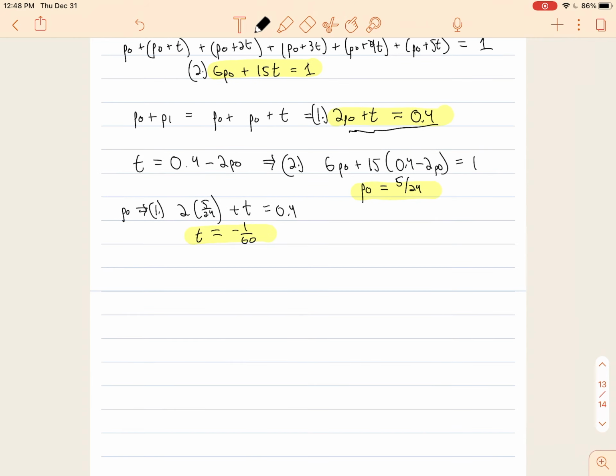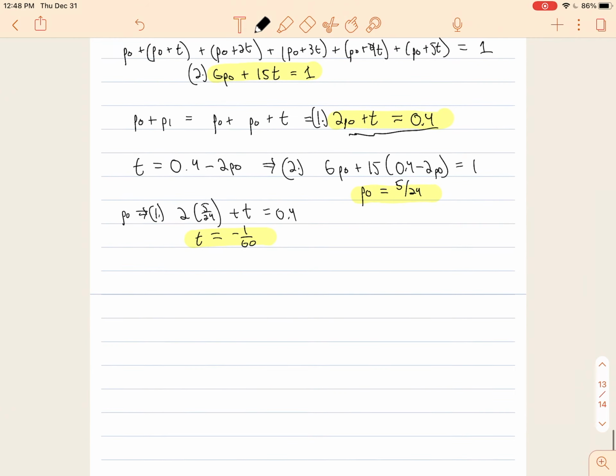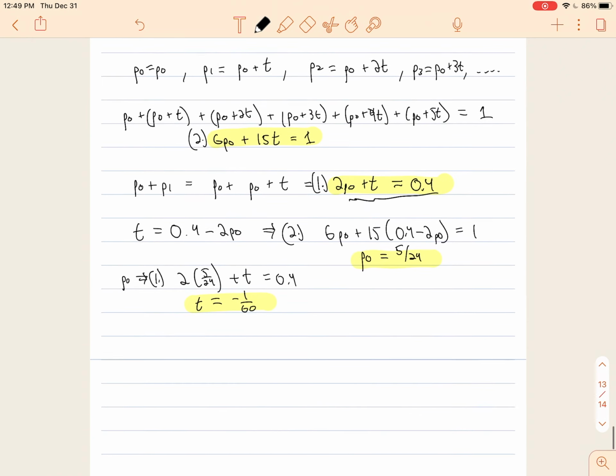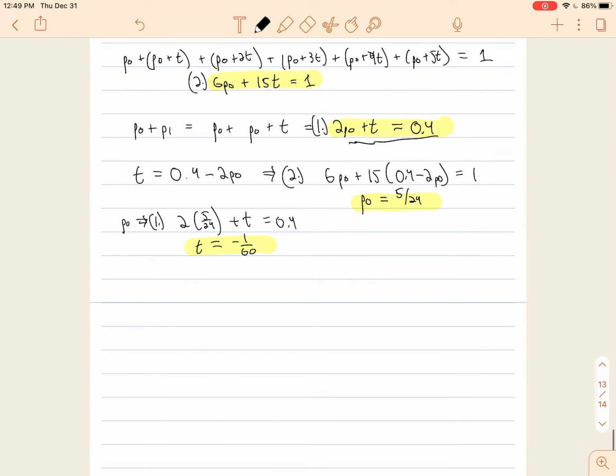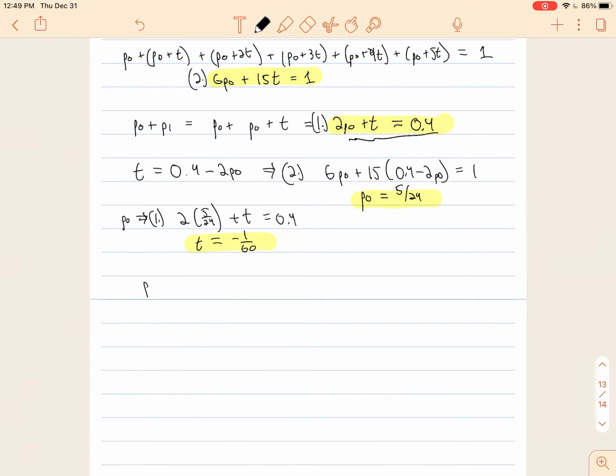Now that we have these two, we can find P4 and P5. When we add those together, it should be our answer, right? Because it's more than 3 claims during a given year. So let's do that. The probability of more than 3 claims equals P4 plus P5, which is equal to P0 plus 4t plus P0 plus 5t.